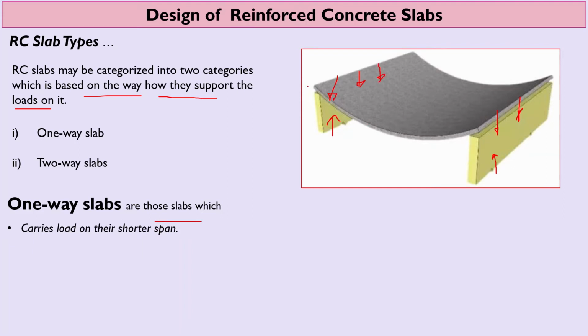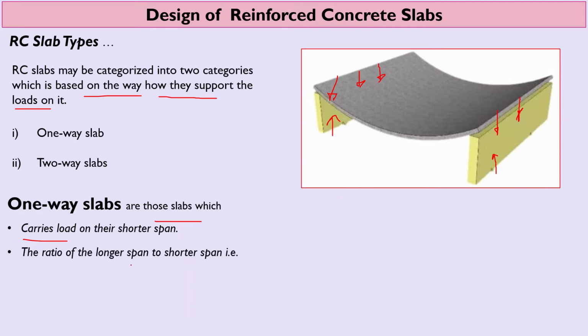So the longer span is free. That means whatever the deflection or bending due to the loads will be predominantly greater along the longer side of the slab, or longer span. That's why we have mentioned here that a one-way slab carries load on its shorter span.